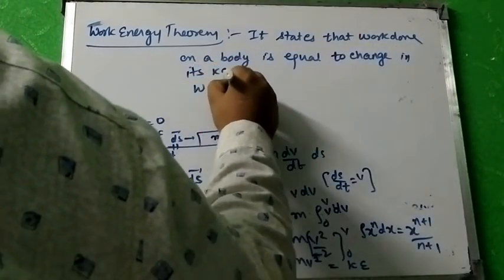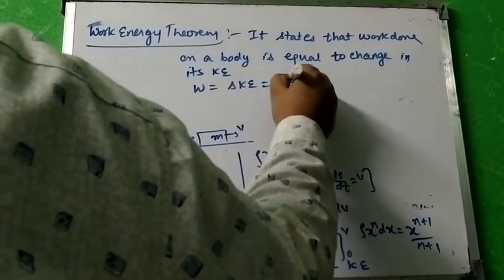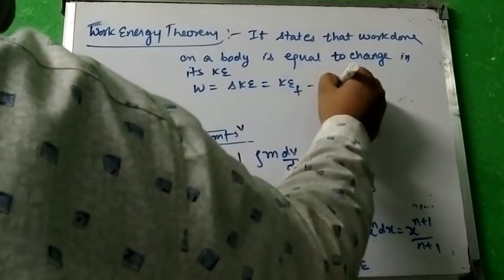So work done is equal to delta KE, or kinetic energy final minus kinetic energy initial.